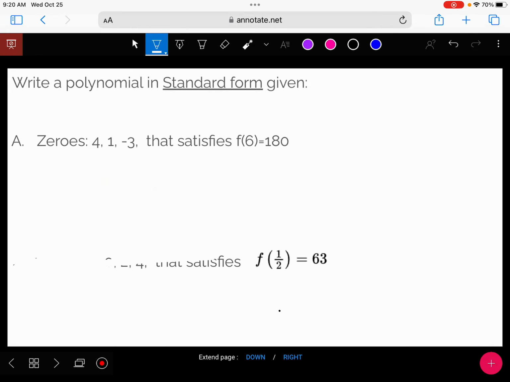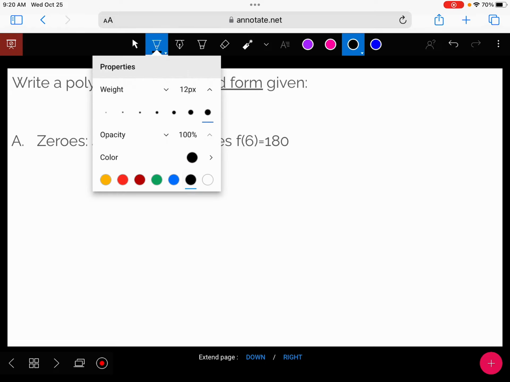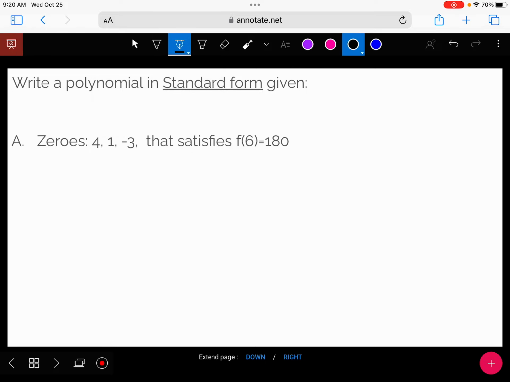And we'll do that one on the next page. Just because I'd like us to have plenty of space for this. So we're going to be writing an equation in standard form.